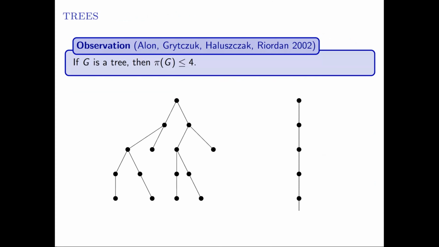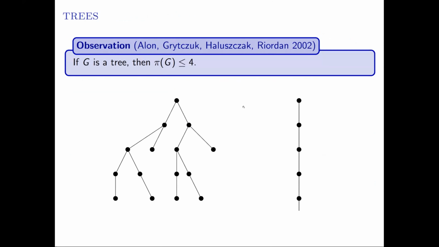So you take your tree and you root it in some root, and then you order your vertices according to the distance to the root. So you have your layers, okay? And somehow you can view this layering as some kind of projection to some path. So this vertex gets projected to this vertex. These 2 vertices get projected to this vertex, and so on.